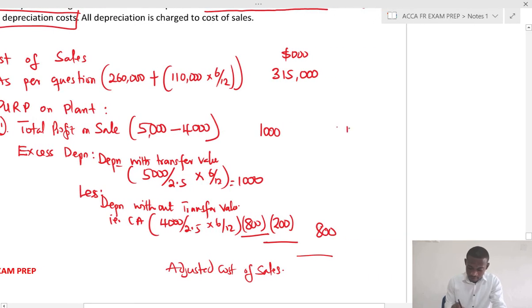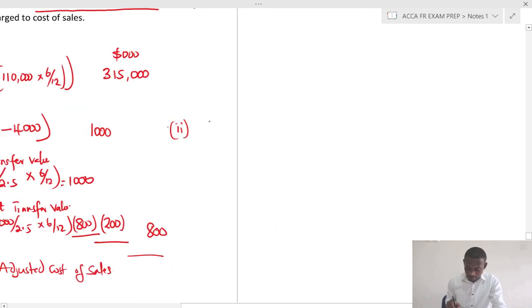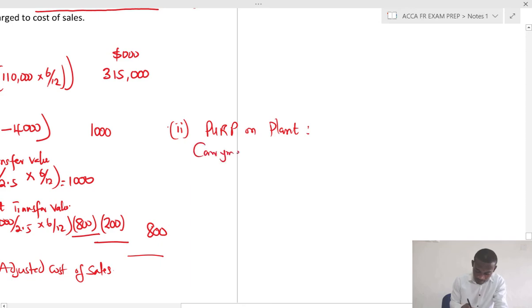Now, the second approach to find the unrealized profit on the plant is to work the carrying amount we transfer.